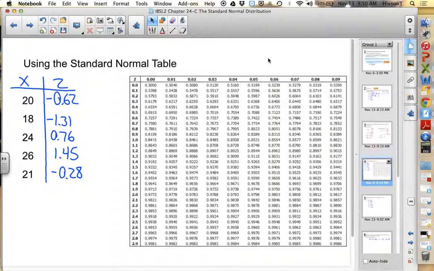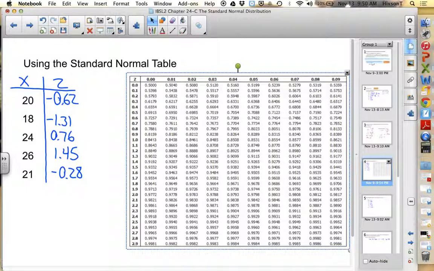But let's look at how this table works. On this column, you have z values through the tenths. And you'll notice this one starts at 0 and goes up to 2.9. Okay? Across the top, we have the hundredths of a z-score.